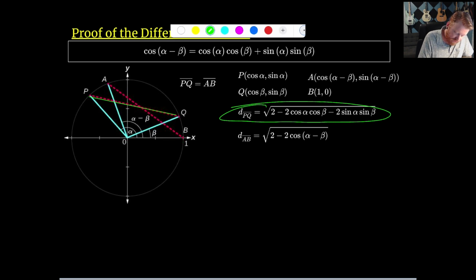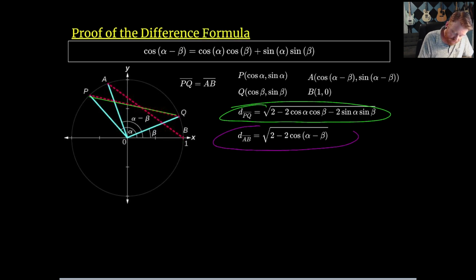And we know that this distance from A to B can be written in what I circled in the purple there. So since PQ is equal to AB, or the distances between those are equal, I can set them equal to each other.